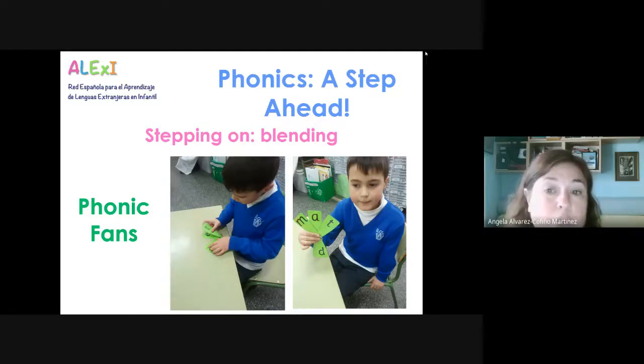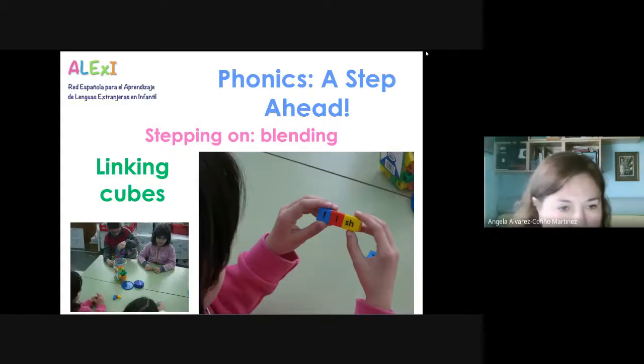The only thing is that you need 1 per child, okay, because they need 1. But what I did was 25 phonic fans, one for each of them, and I use them every year. So it will take some time making them at the beginning, but then this is something you are going to use every year.